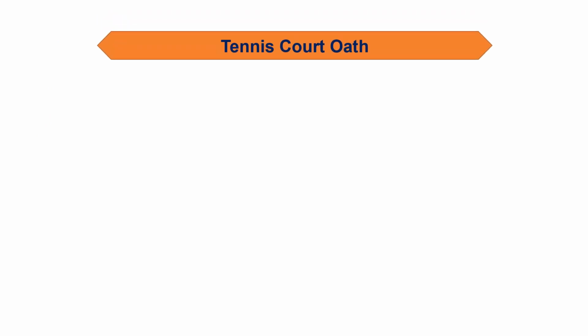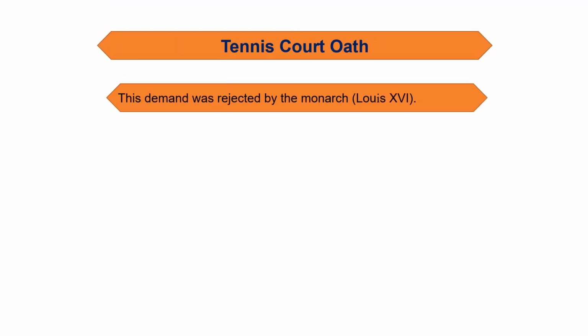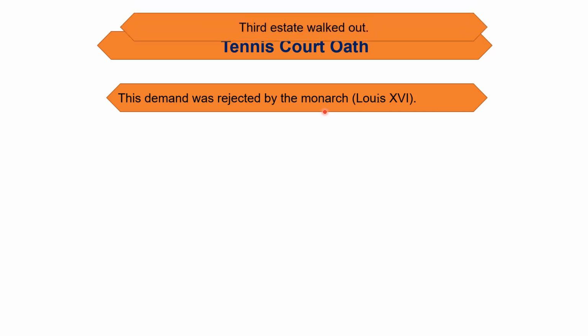Tennis Court Oath. The demand was rejected by the king. Which demand was rejected by the monarch? The third estate demanded that voting now be conducted by the assembly as a whole, where each member would have one vote, and this demand was rejected by the king.